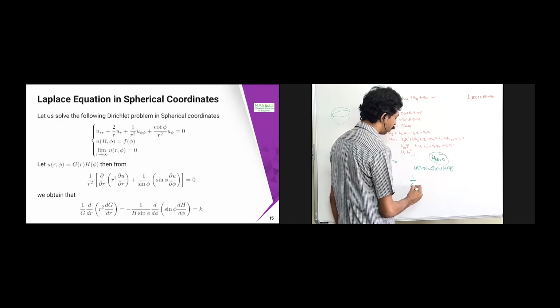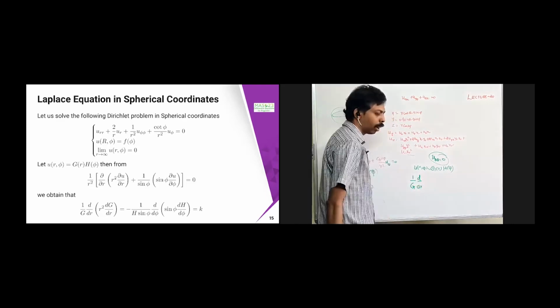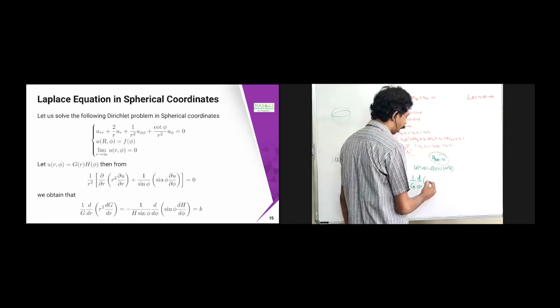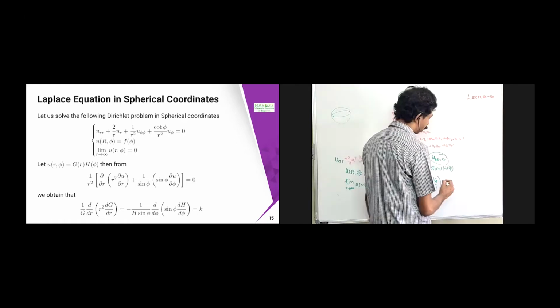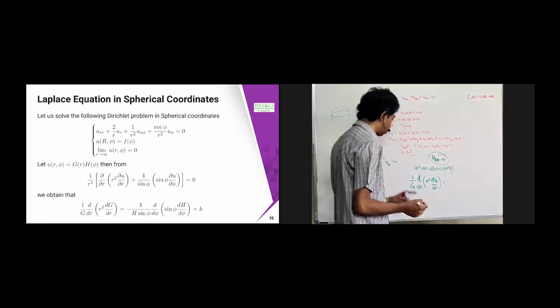So 1 by g into, the same way as we did in the morning, you are going to get 1 by g into d by dr of r square into dg by dr. This is going to be your equation. And then that is equal to, again you substitute in the pi terms also.